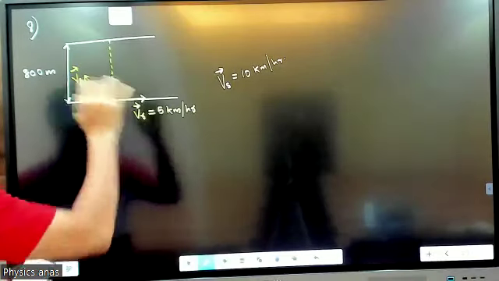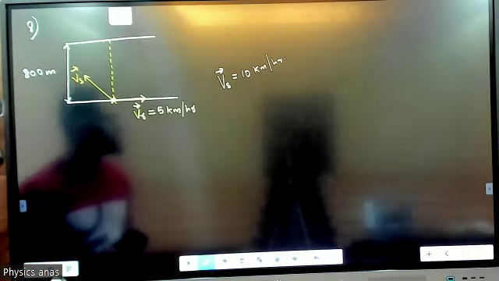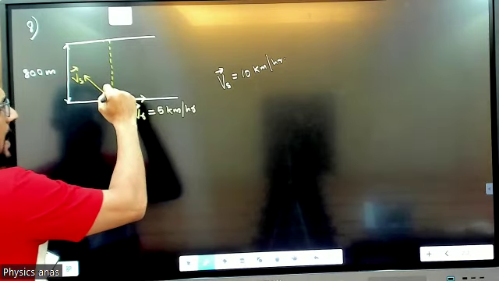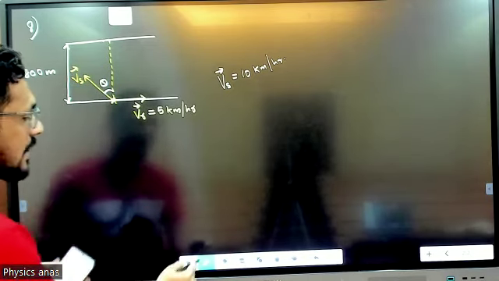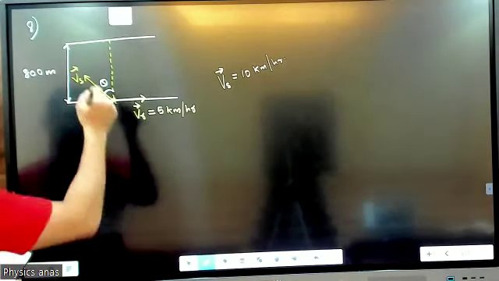There must be an angle with this displacement line. I am taking that angle as theta.